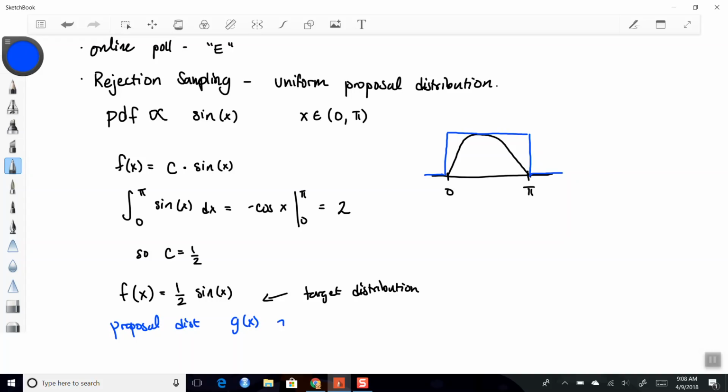g of x, which is the uniform from 0 to pi. g of x is thus equal to 1 over pi for 0 less than or equal to x less than or equal to pi, and 0 elsewhere.